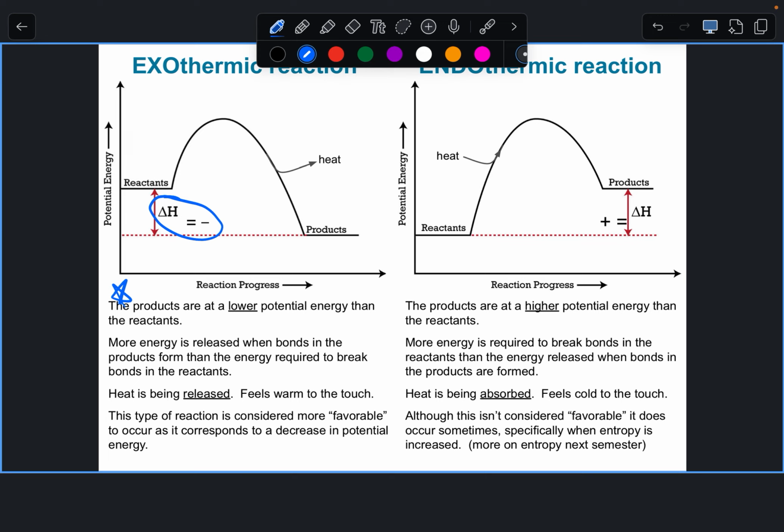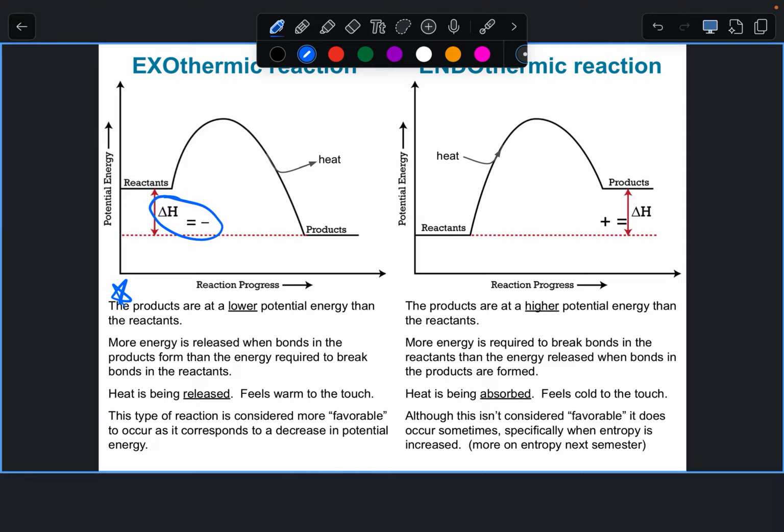If the enthalpy is negative, that is a good indicator that the reaction is going to occur, because it's going to a lower potential energy, right? We've always said things tend towards a lower potential energy. So if I let go of the pencil, it's going to drop, right? That's lower potential energy.